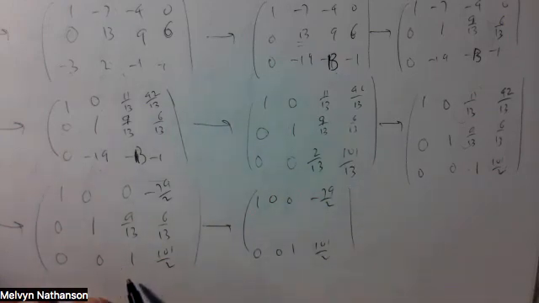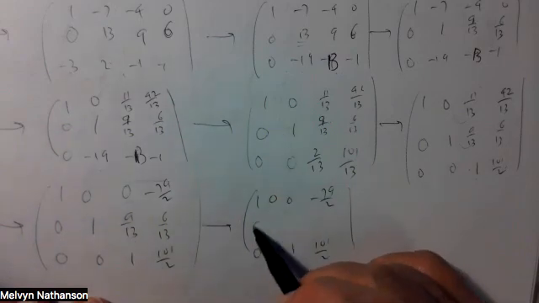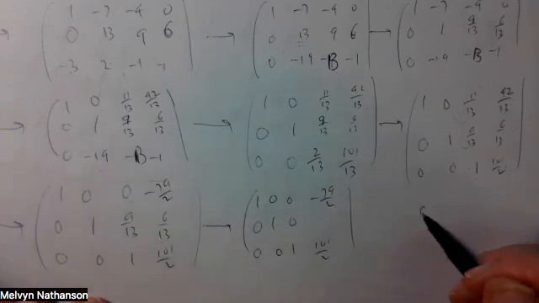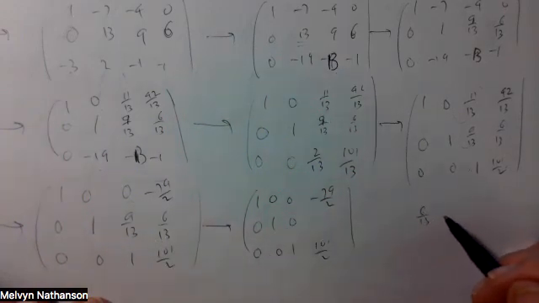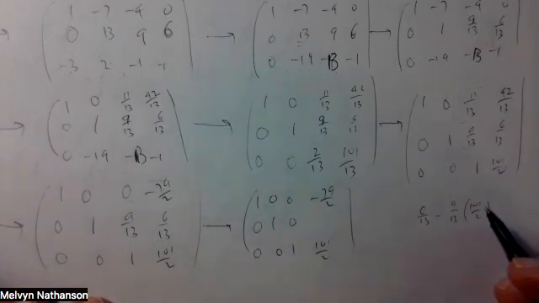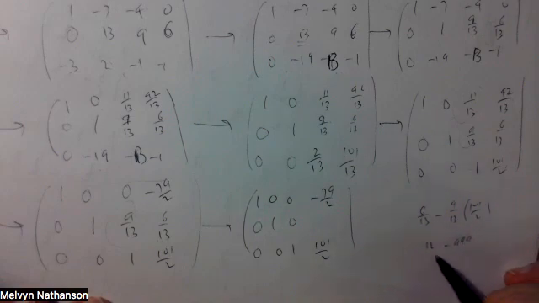And here I have to subtract 9 over 13 times the third row from the second. So I get 0, 1, 0. And here I get 6 over 13 minus 9 over 13 times 101 over 2. What is that? That's equal to 12 minus 999 over 13 times 2.